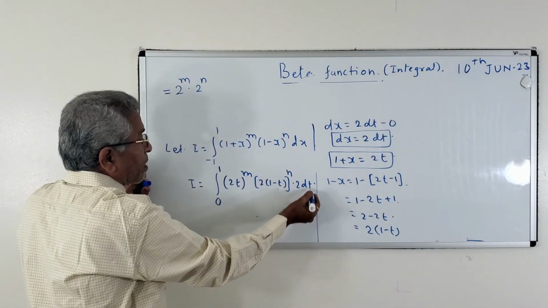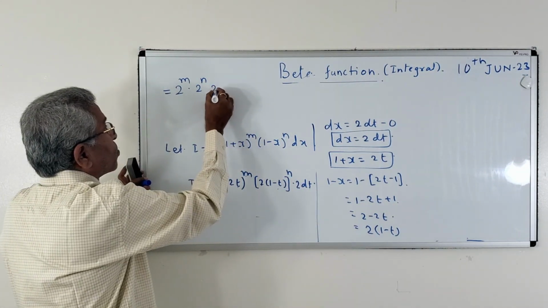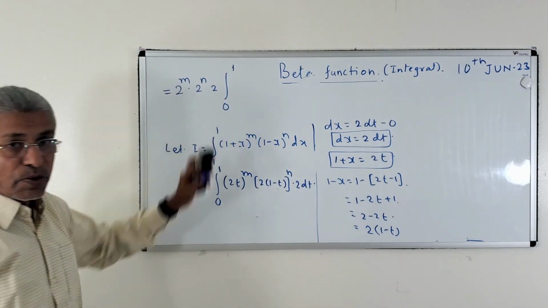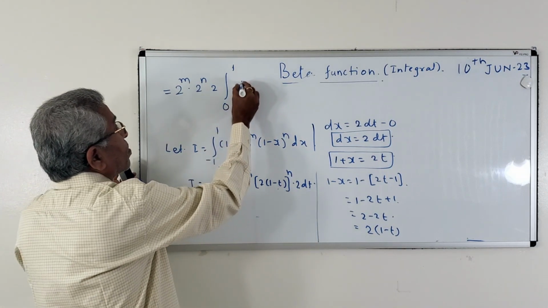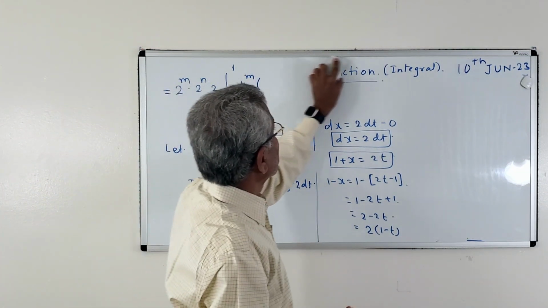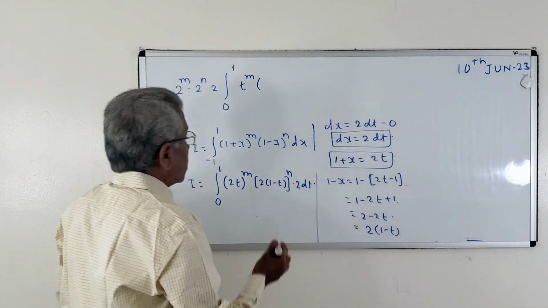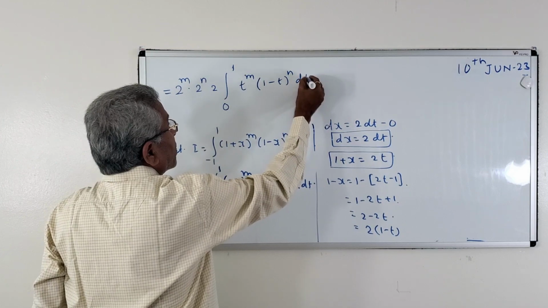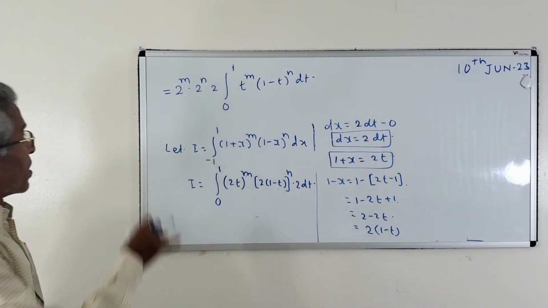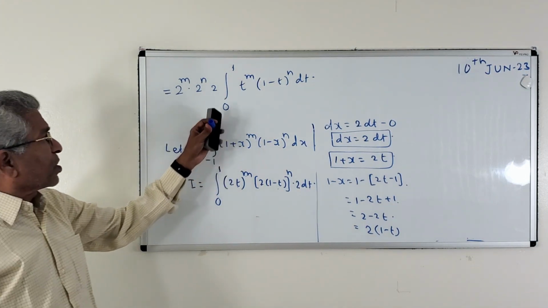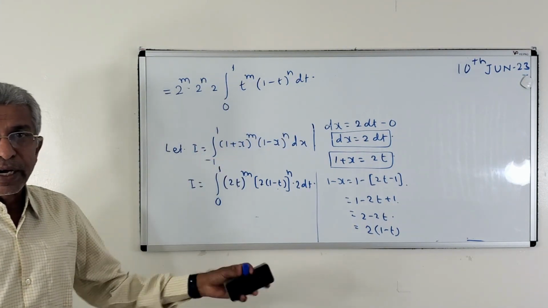And the multiple of dt is 2, write 2 also outside. Integral 0 to 1, t raised to m multiplied by 1 minus t raised to n dt. And that is the final integral. After that, we just introduce the symbol for the integral and we will get the answer.